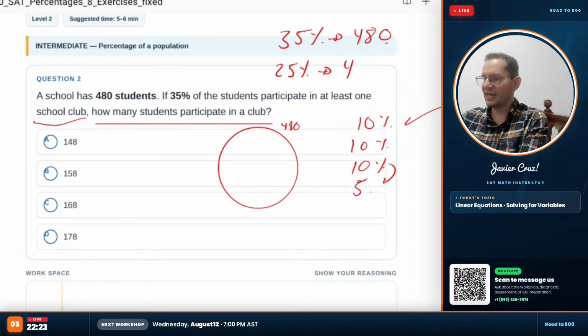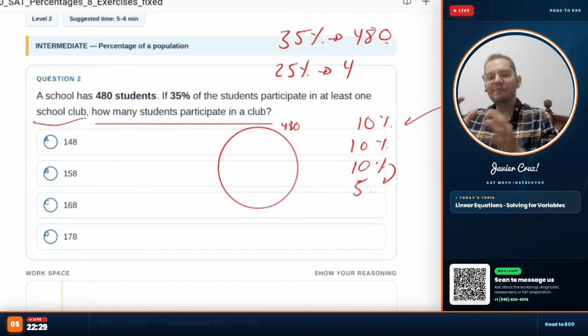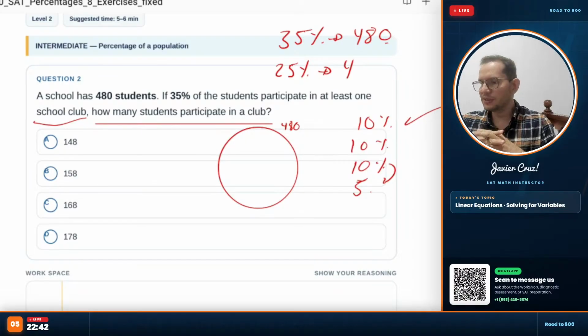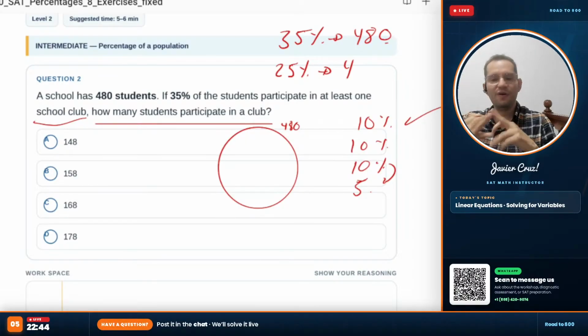So that's why I think finding the 10% is the best way to find the 35%. The 10% is the most common percentage that we need to find in this topic, because then we could find the 35, 45%, 55, any number ending in 5%, right?